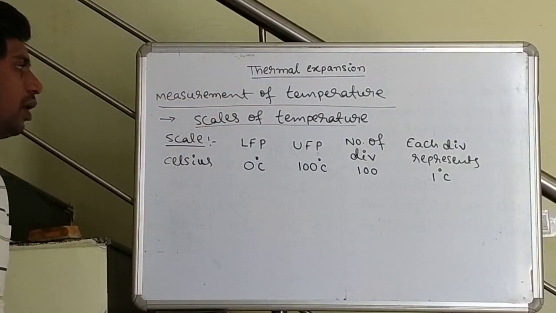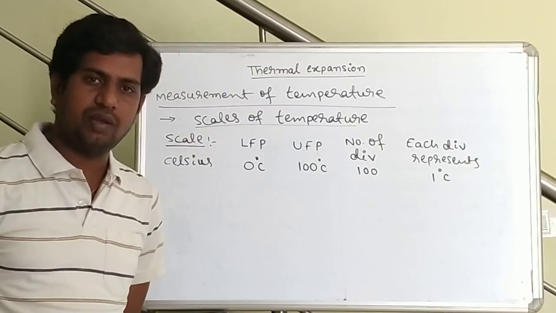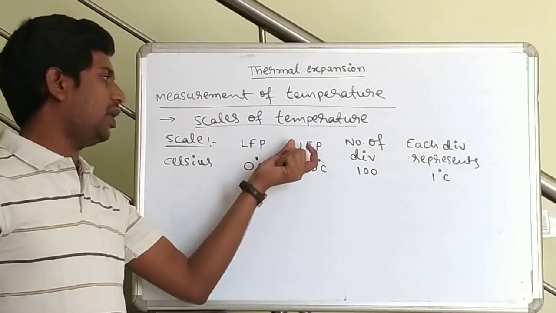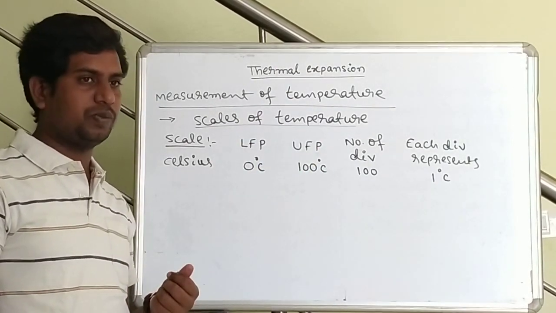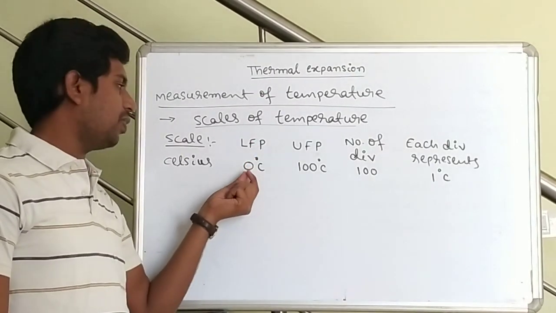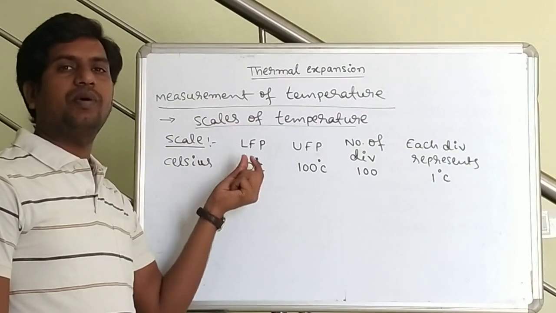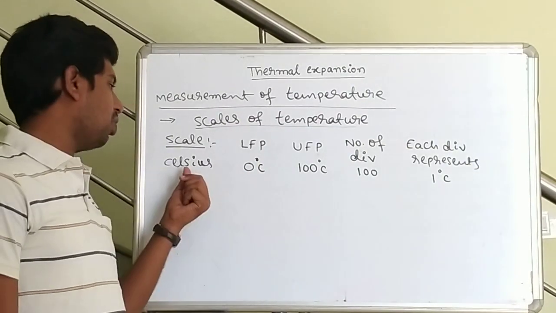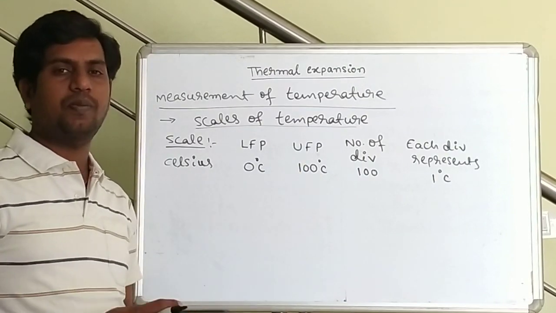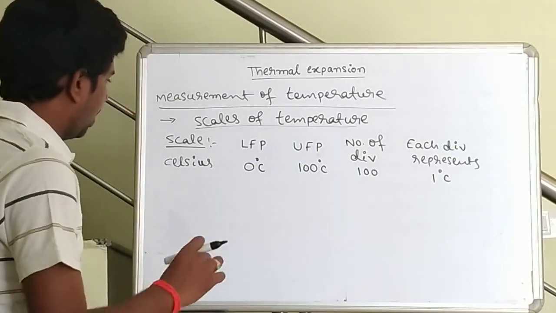For every scale there will be two fixed points, a lower fixed point and an upper fixed point. Generally the lower fixed point is the reading of the melting point on that scale and the upper fixed point is the reading of the boiling point.